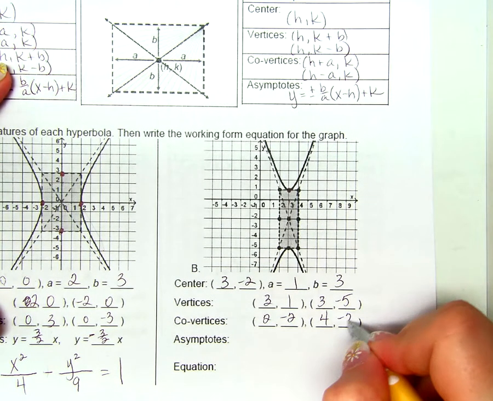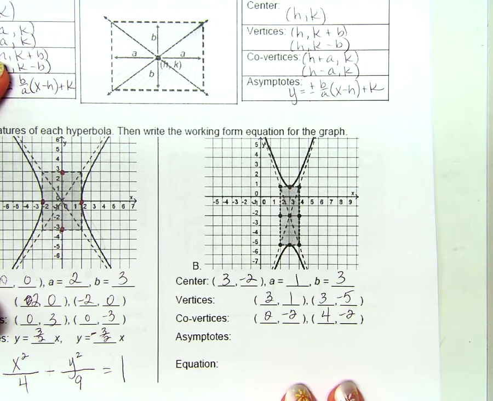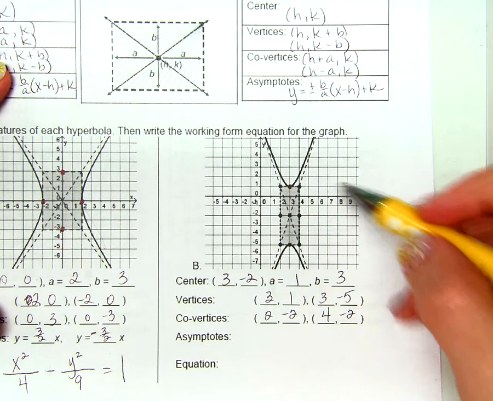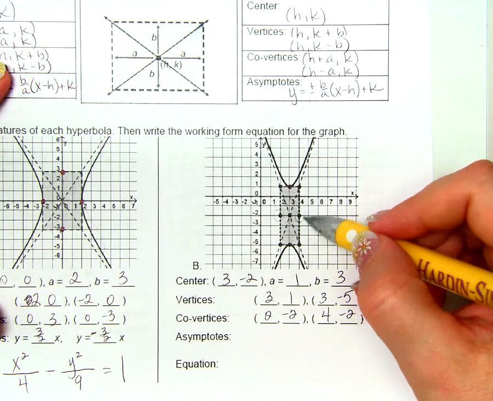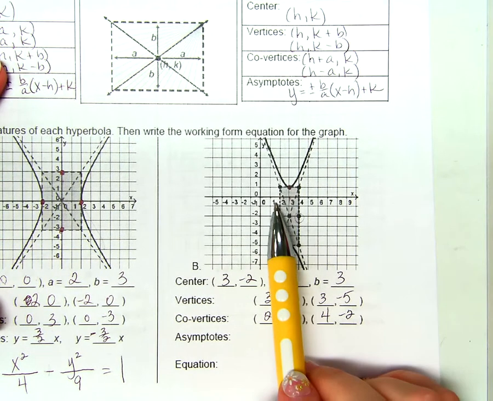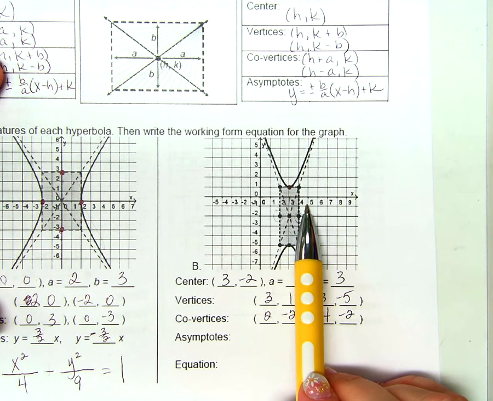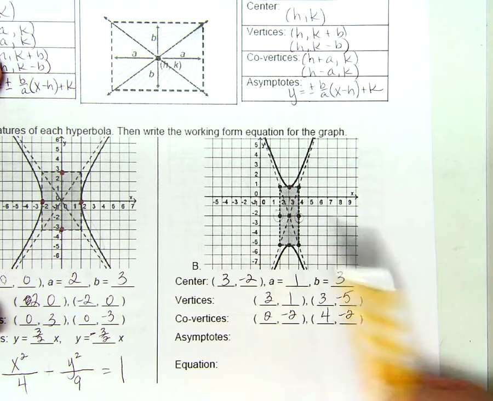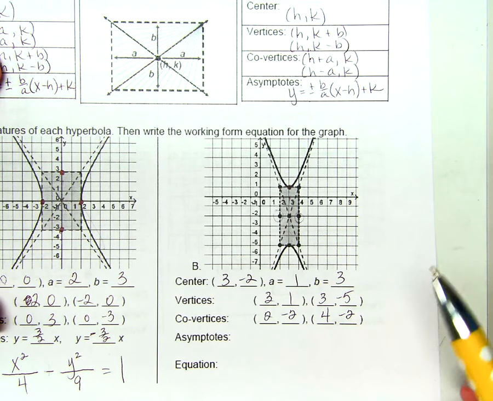And 4, negative 2. If you're getting distracted by the numbers, don't. Just count. Okay? Are we good?